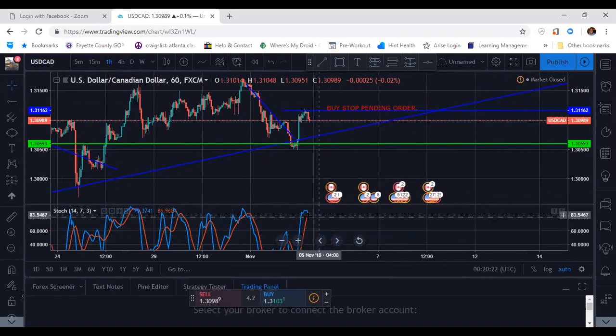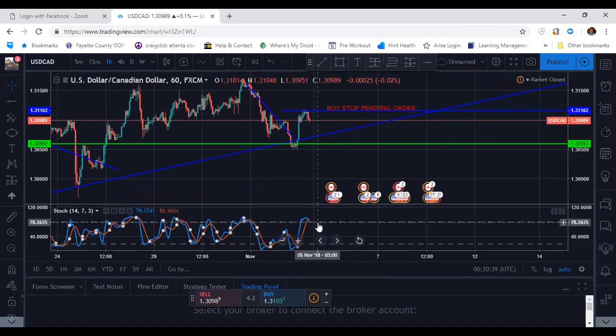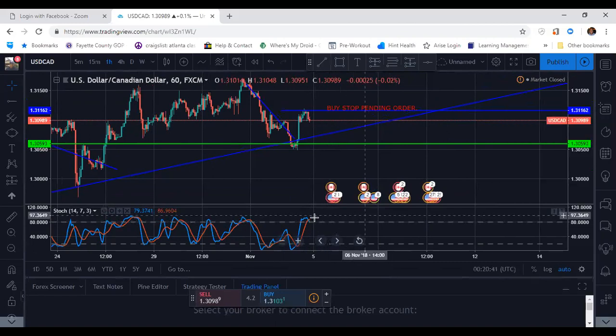So yeah, it's starting to cross over here, which is a great indicator to let me know that's coming down for a sell. Okay, and remember, we're waiting for it to pull back to this trend line, and then what I want to see on the stochastic is I want to see these lines go under the 20 and start to curve back up, just like it kind of did over in this section here.